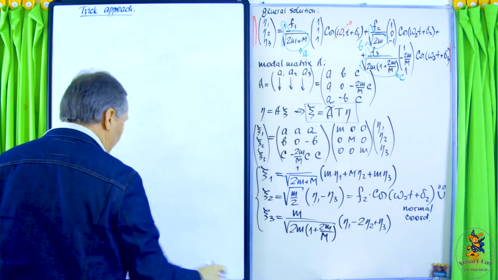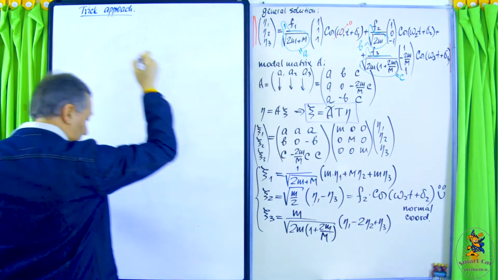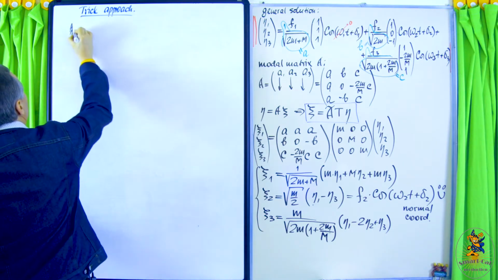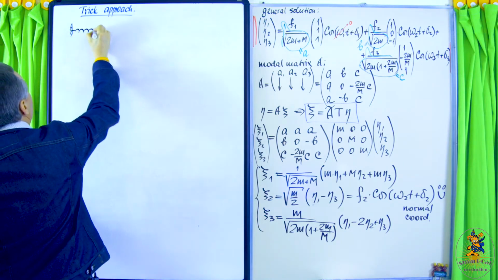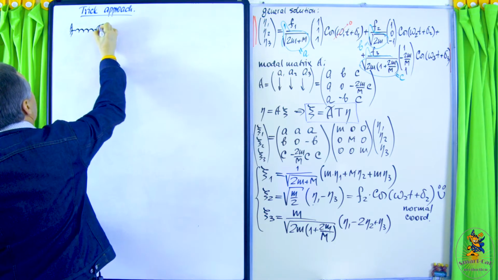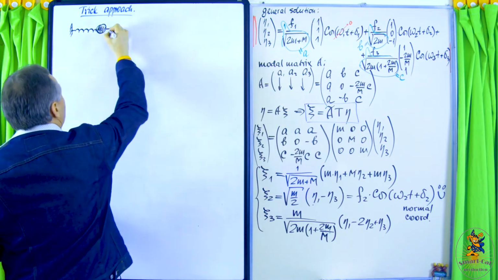Okay, so let's assume that we have this system first. A wall, then there is a spring. Then there is a mass. Then another spring.